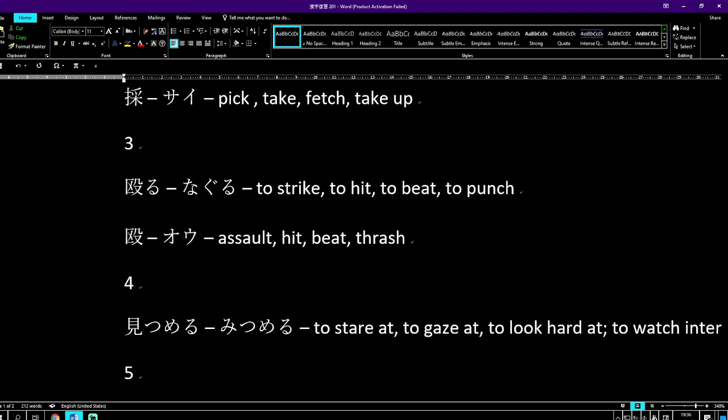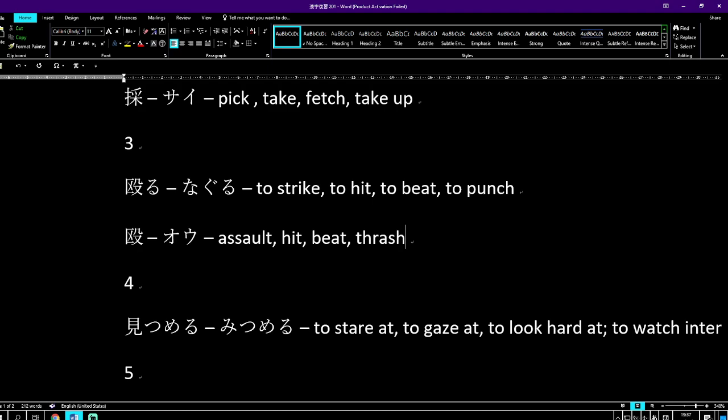Naguru or o. To strike, hit, beat, or punch. Naguru, to strike, hit, beat, or punch the target with a weapon.